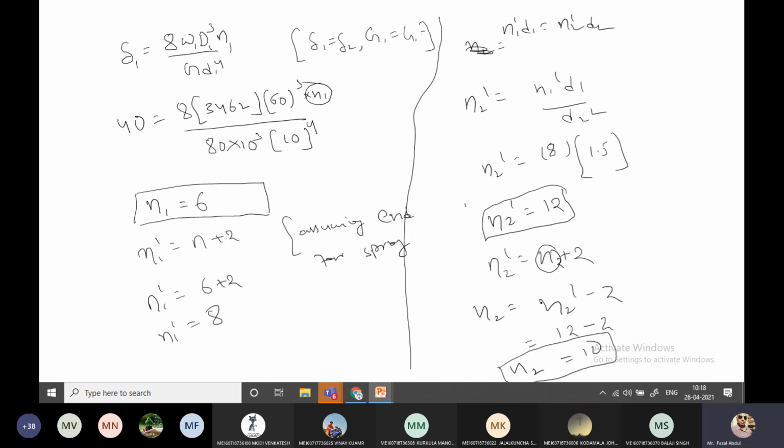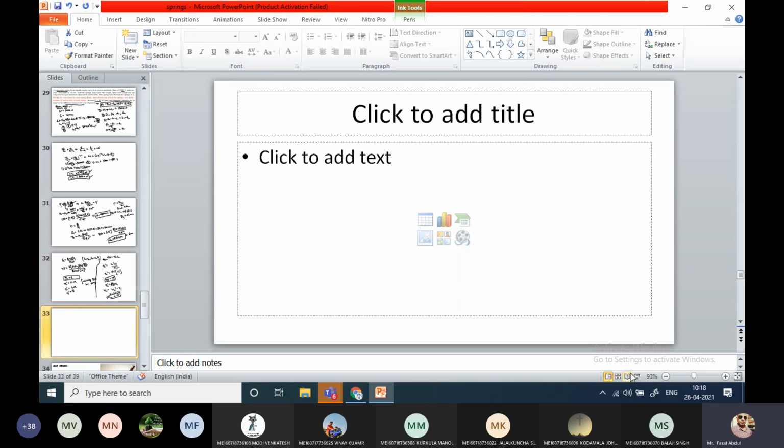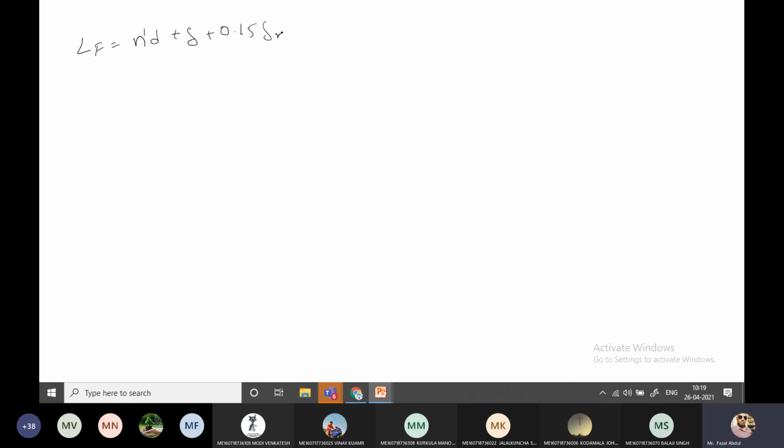Now, the question is given up to here, but I am calculating additional things. Free length of the spring, how much? Free length of the spring is N dash into d plus deflection plus 0.15 into deflection.